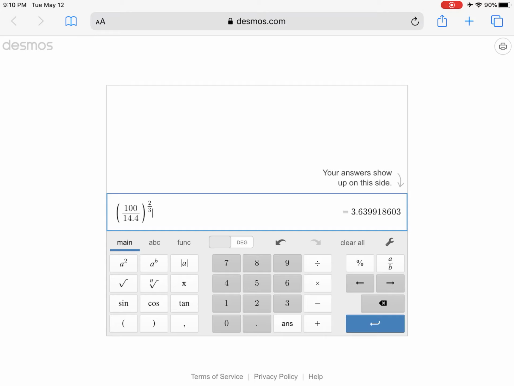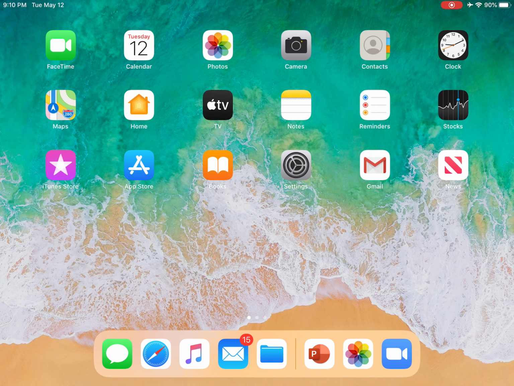Don't forget to subtract 2, and we get 1.69136779. So let's round it to the nearest thousandth so we can be as precise as possible.